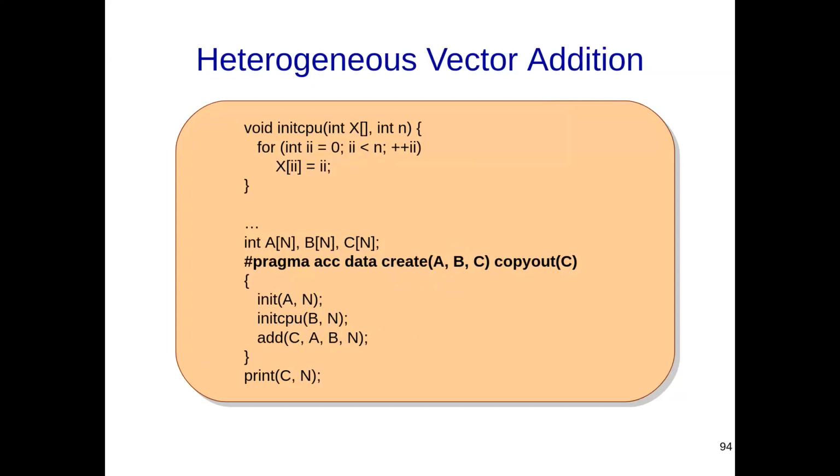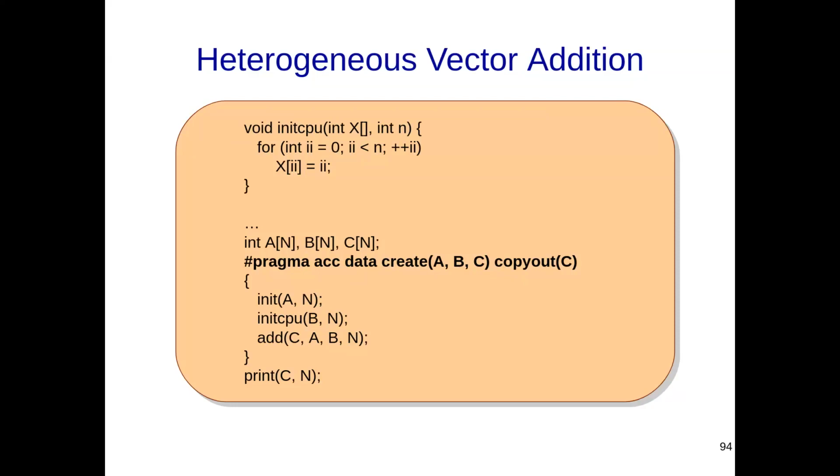In this, I think we can put init CPU outside of the pragma also, right? Yes, init CPU B. So that is what should be happening really, that init CPU B comma N should be actually outside, and then instead of creating B, we can just do a copy in of B, because B is already initialized on the CPU. That is correct.